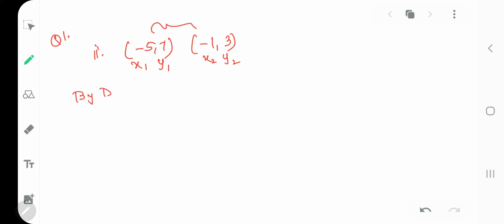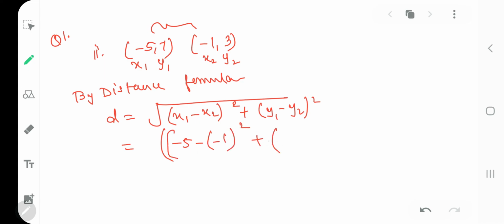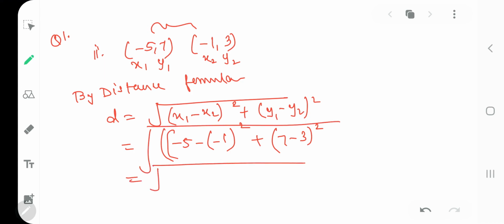So you have to write by distance formula. The distance is equal to under root, always write the formula, always, x1 minus x2 the whole square plus y1 minus y2 the whole square. Put the values: minus 5 minus 1 the whole square plus 7 minus 3 the whole square, under root. Yes, my dear kids, it will be something like this.